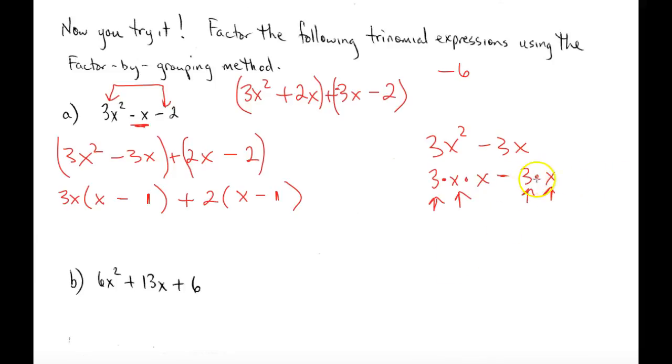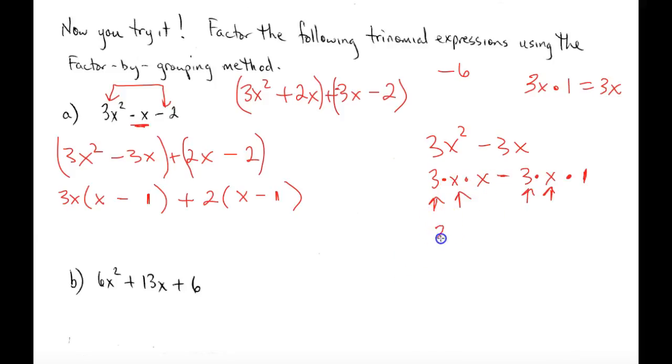Now, if you notice, for the second term, we have 3 times x, right? If we take that out, it appears to be nothing left. But one of the things that we know is that here, 3x times 1 is still 3x. So here we could look at this as having an understood times 1 that's there.